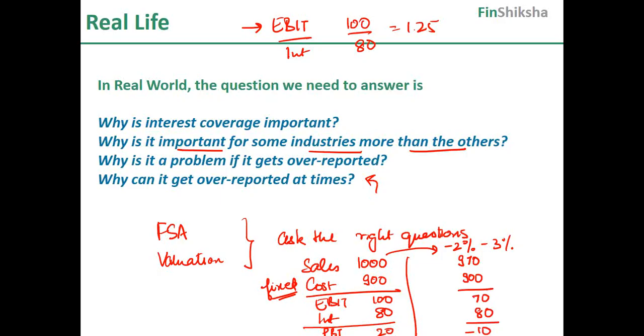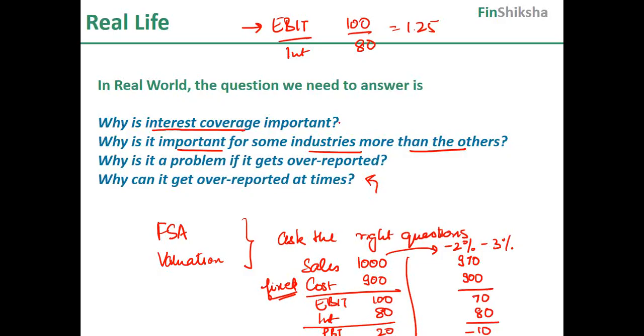You are necessarily in default territory, right? So any industry where you have a bigger fixed cost component, interest coverage assumes a bigger importance than the other industries. If you have variable cost, that's okay because changes in sales will result in changes in costs as well.